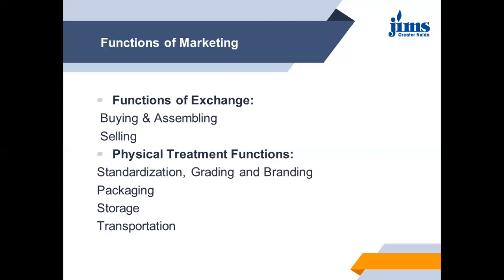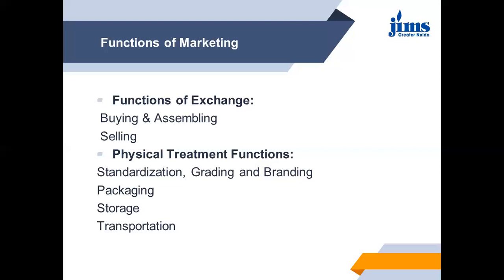Then comes grading, on the basis of standardization, on the basis of the characteristics given to every product. The manufacturer has to grade or categorize the commodities under various categories. Grades can be grade A, grade B, grade C on the basis of topmost quality, medium quality, and low quality.